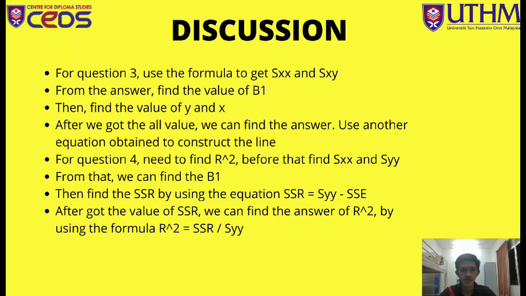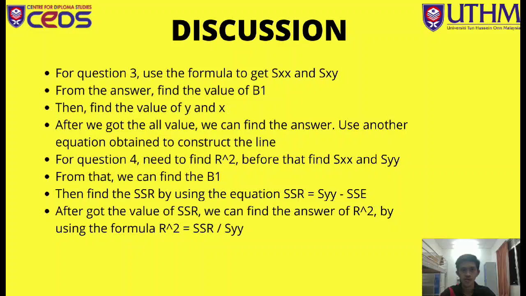From question 3, we use formulas to get the values of Sxy and Sxx. From there, we find the value of b1 by using the formula. From the formula, we get the value of b1 is 2.8525. Then, we use another equation to solve for x-bar and y-bar. Thus, finally, we can find the values to solve the equation.